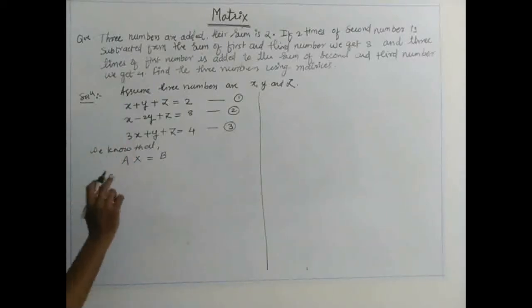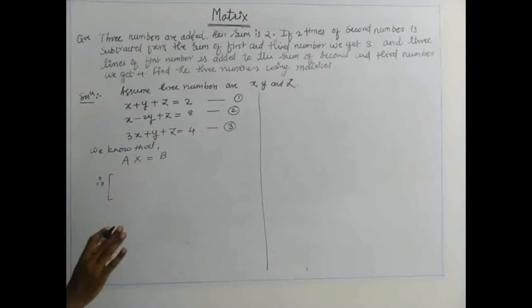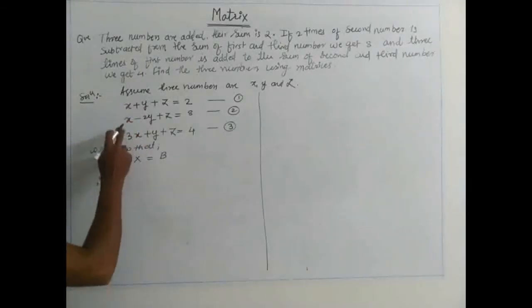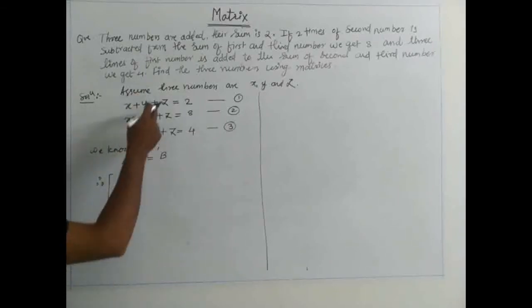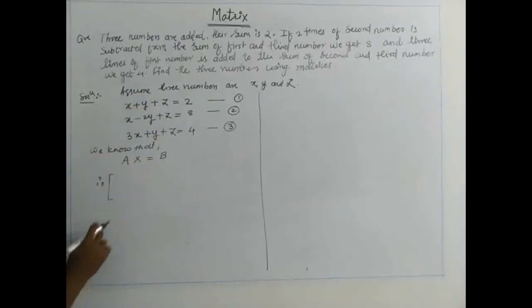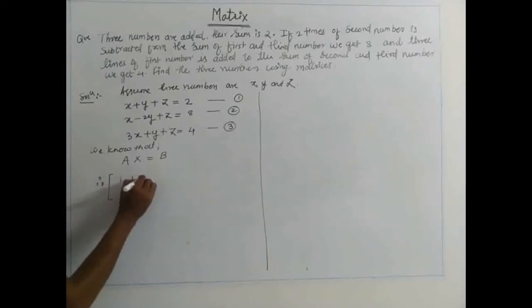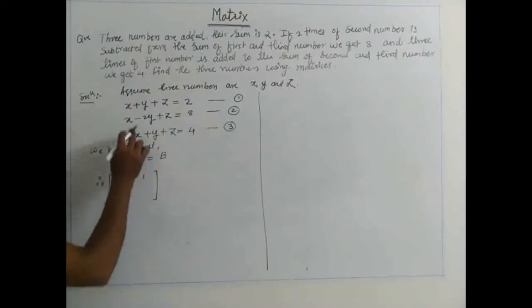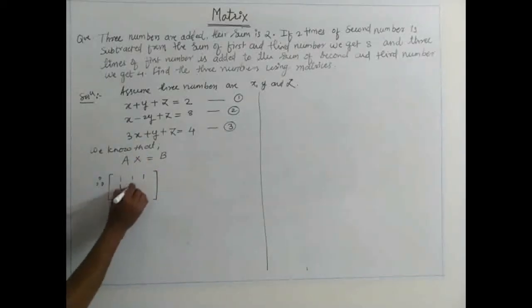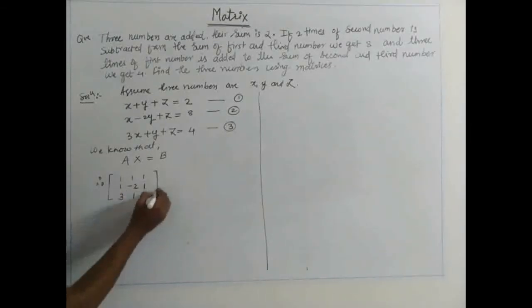But always check that all the equations have the same order, and don't change the sequence of variables either. So first column for the x variable, second column for the y variable, third column for the z variable. With respect to that, we get 1, 1, 1 for the first equation, then 1, minus 2, 1, and then 3, 1, 1.